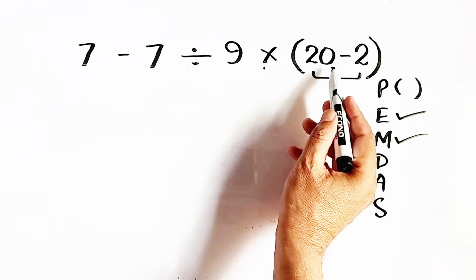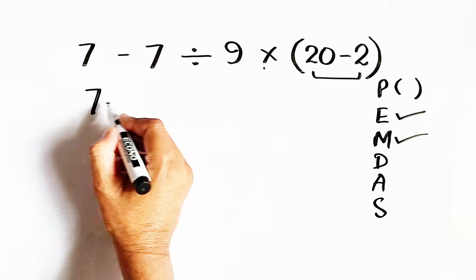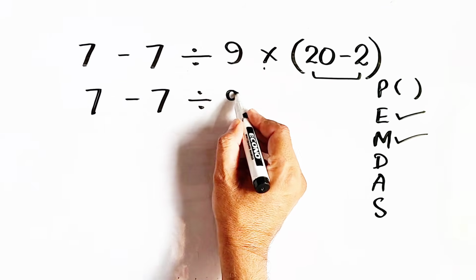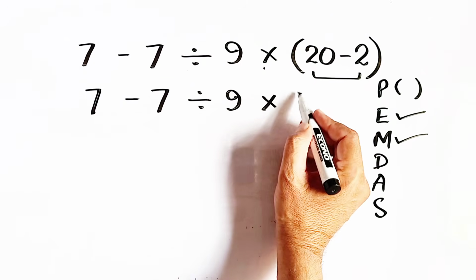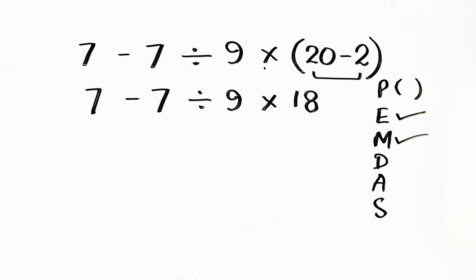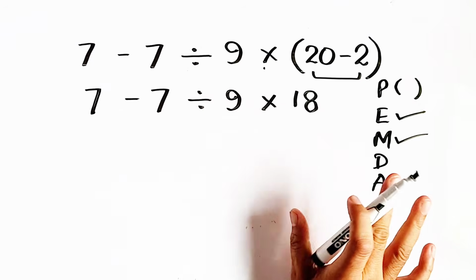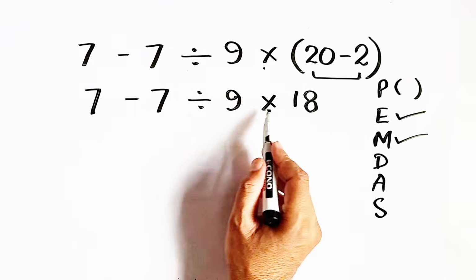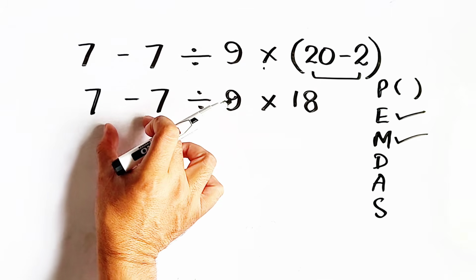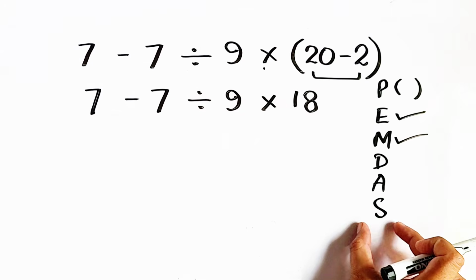Let us solve it. 7 minus 7 divided by 9 and it is parenthesis, it is 18. Now it is confirmed that division and multiplication are solved before this subtraction, because subtraction will be our last step.